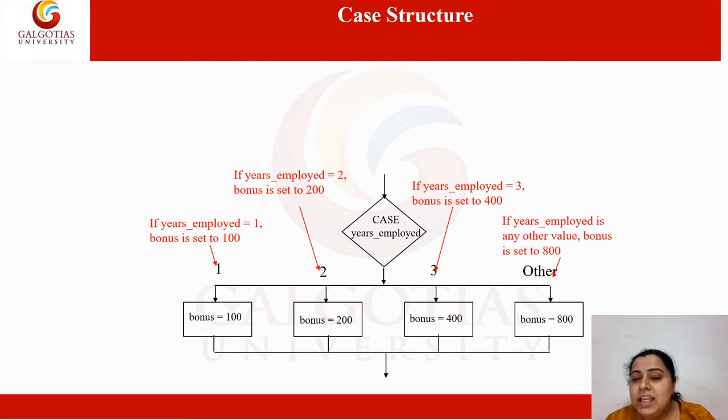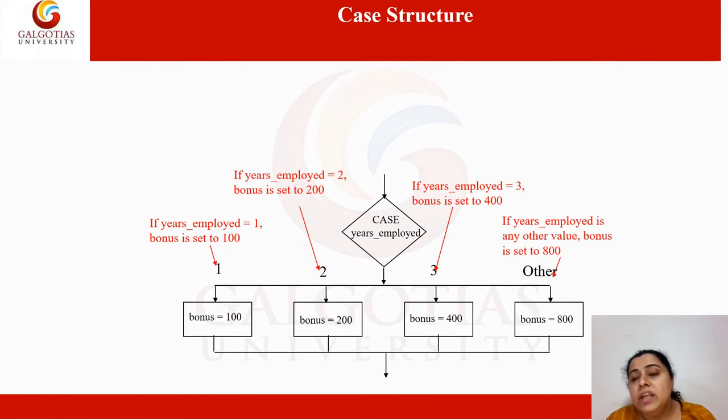See an example over here. Let's say I am the employer of a company and I am giving bonus to the employees on the basis of the number of years of experience that they have. If the employee has 1 year of experience, the bonus is 100 rupees.